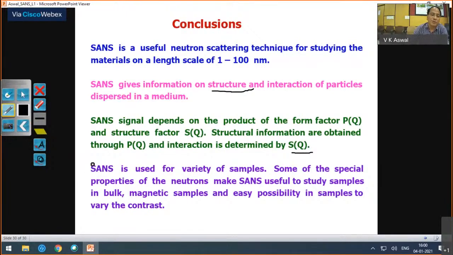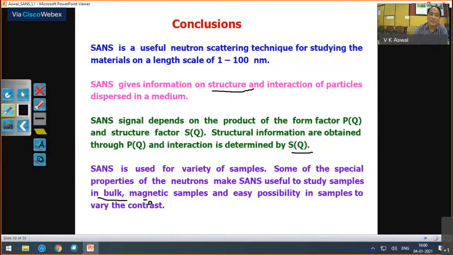And why should you use it? Many times people use other techniques like microscopy or even light scattering. You can use this technique for a variety of samples, which you will learn about in coming lectures. There are some unique properties of neutrons which make it useful to study samples in bulk. This is a good thing.